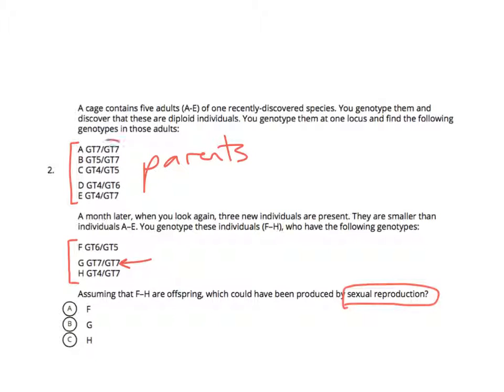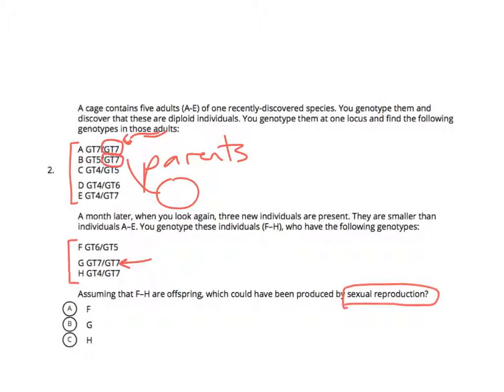Yeah, so you could have a sperm that was produced by, if individual A was a male, for example, and if individual B was a female, that could be a sperm, and that could be an oocyte. So you could produce a 7/7, a homozygote, from sexual reproduction using those parents.